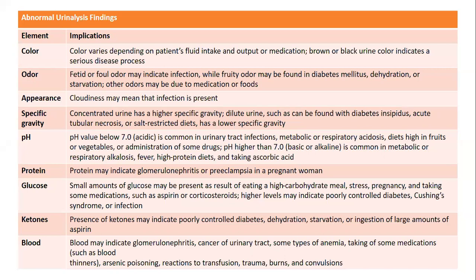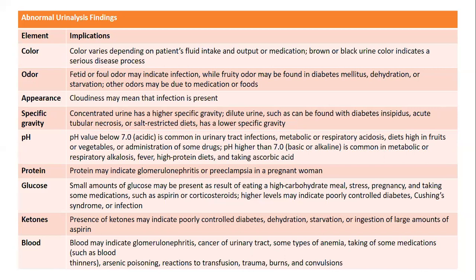A pH below 7, acidic, is common in urinary tract infection, metabolic or respiratory acidosis, diets high in fruits or vegetables, or administration of some drugs. A pH higher than 7, basic or alkaline, is common in metabolic or respiratory alkalosis, fever, high protein diets, and taking ascorbic acid.